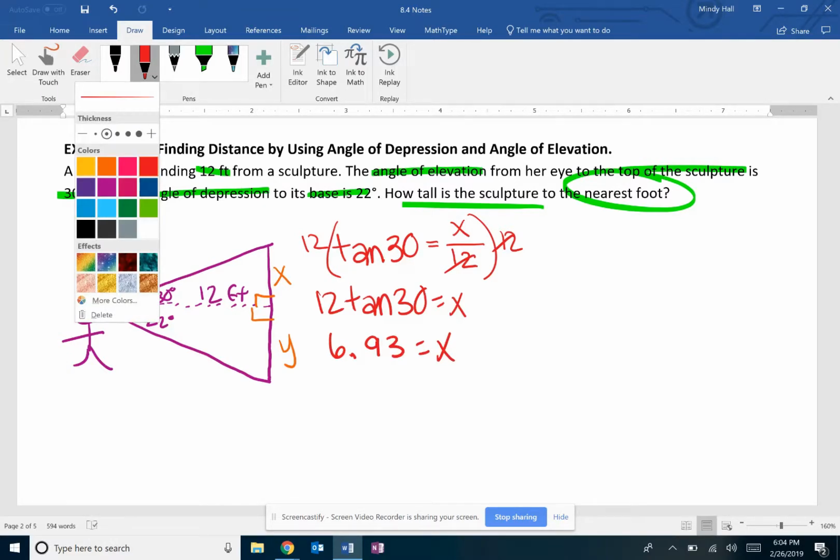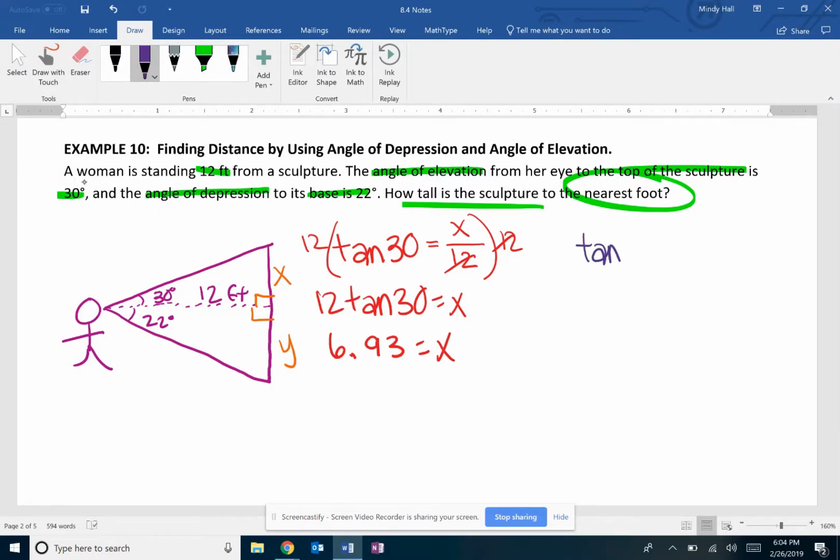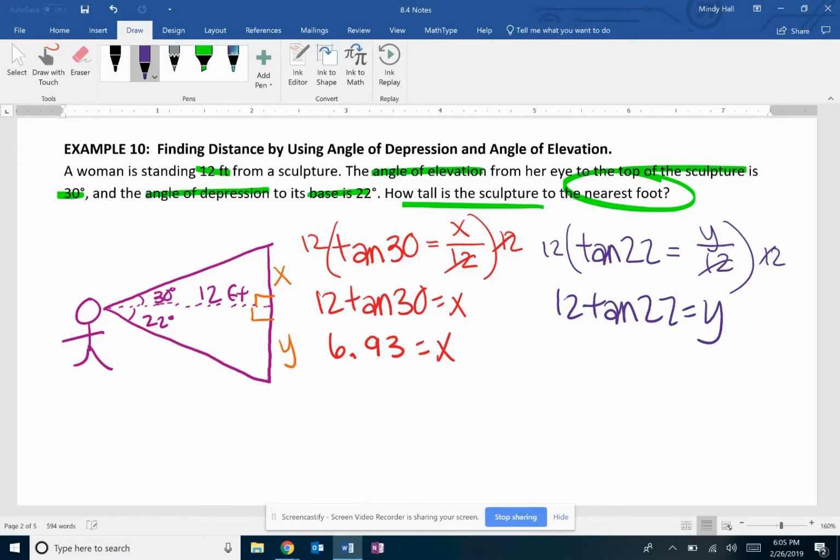And then to find y, you do the exact same thing, except now it's tangent of 22 equals opposite over adjacent. So again, multiplying by 12. So then 12 times tangent of 22 will give you y, and that is 4.85.